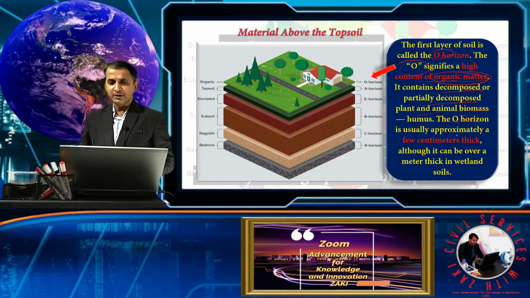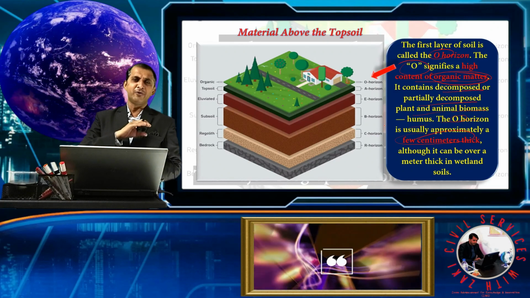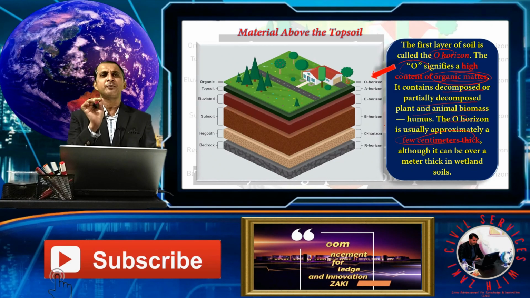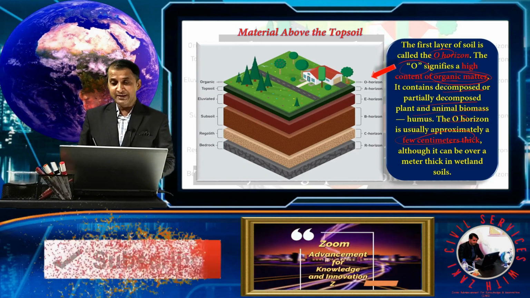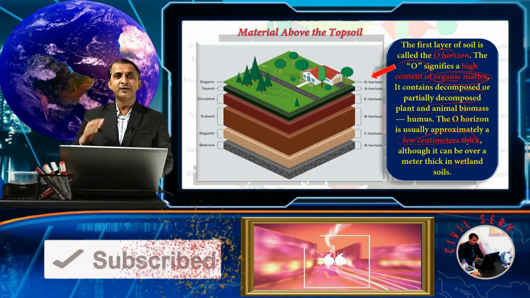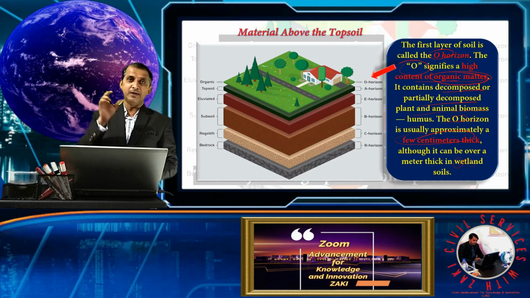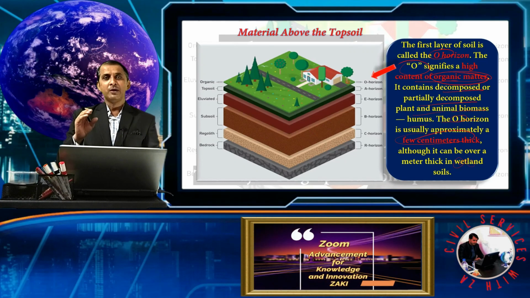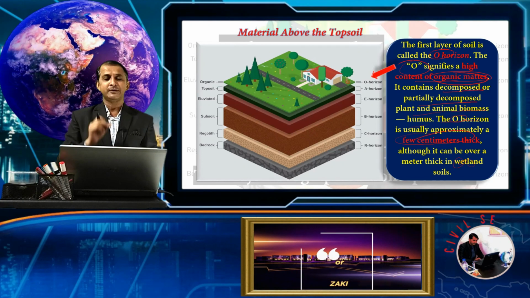The O horizon is usually a few centimeters thick. If you go to wetland areas, you can find some a meter thick, but in normal places it's only about 2 centimeters thick.